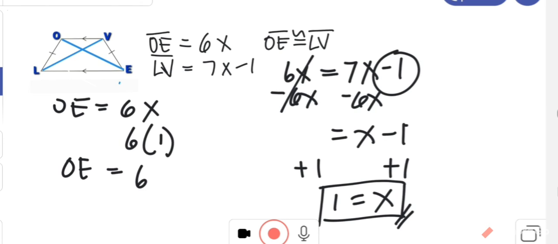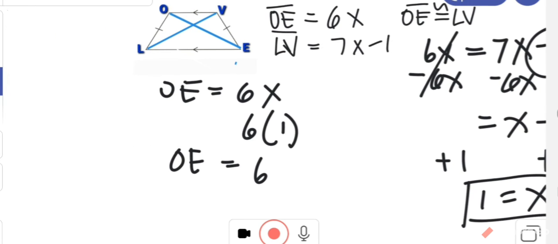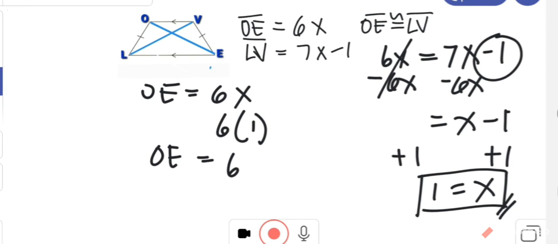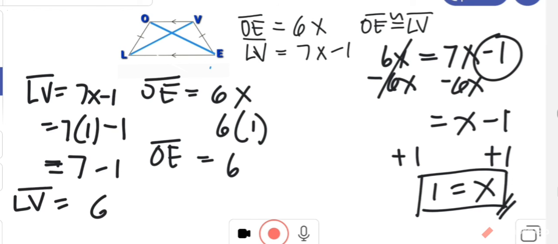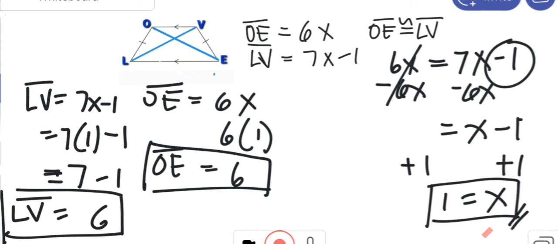While for our LV, LV is equal to 7x minus 1, so that would be equal to 7 times 1 minus 1, which is 7 minus 1, equal to 6. LV is also equal to 6. As you see, again, the diagonals are congruent.